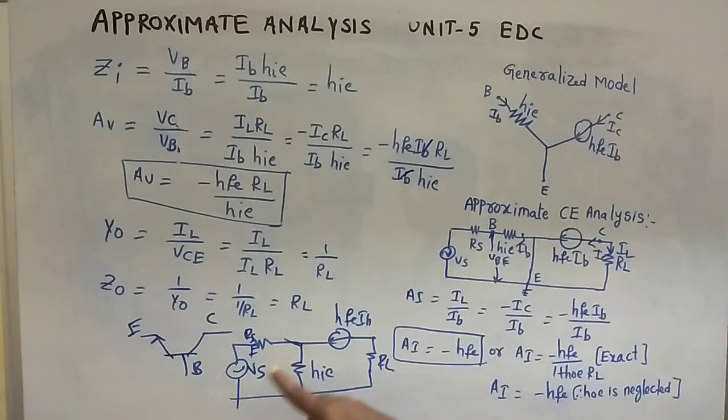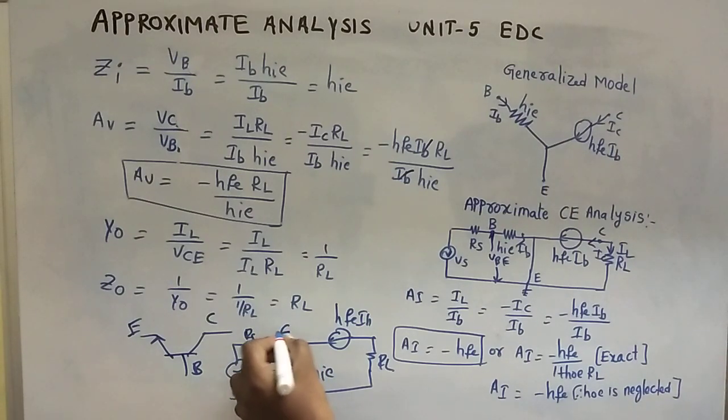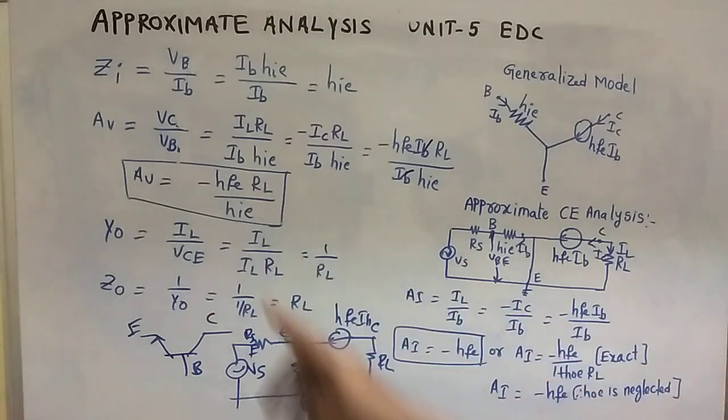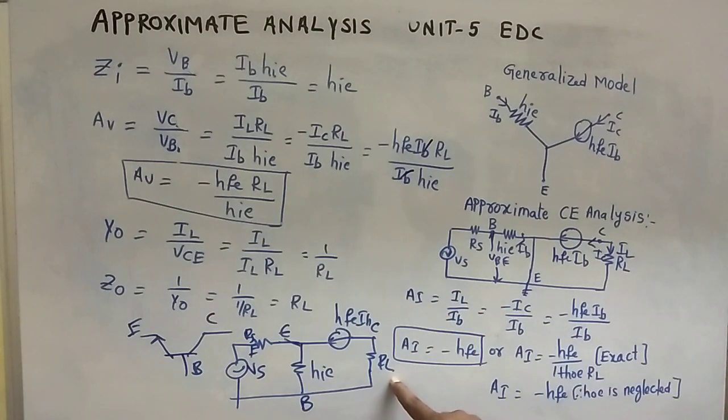In the common base configuration, input is emitter, output is collector, and base is grounded. Then similarly you can find voltage gain, current gain, input impedance, admittance and output impedance. For the current gain, IL by IE, like that you may find all the parameters.